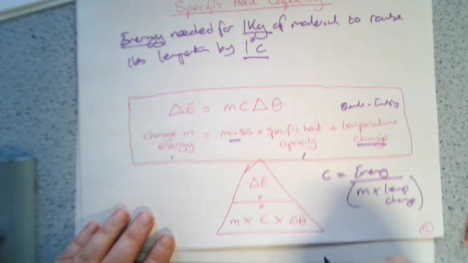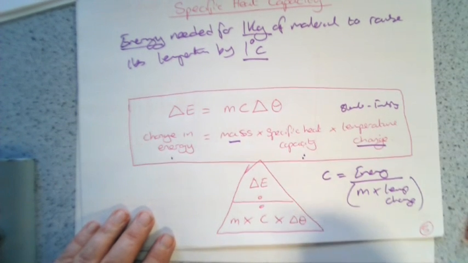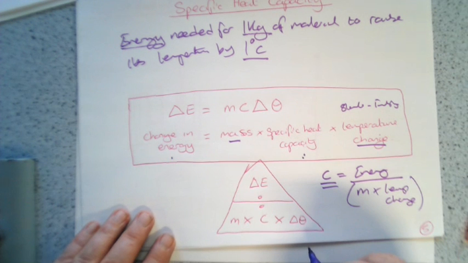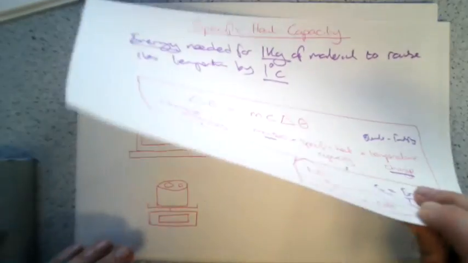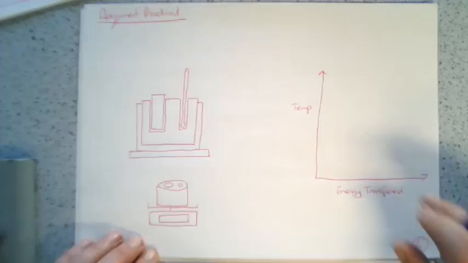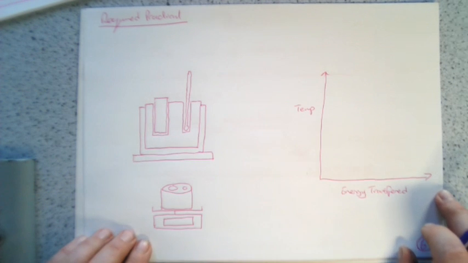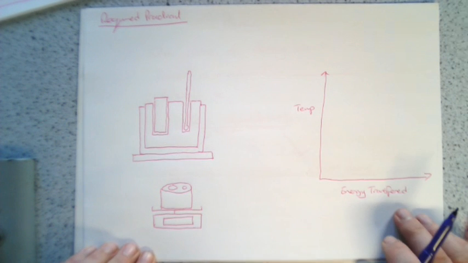So we do that part first, divide the energy by it, and that would give our specific heat capacity. Now remember, different materials have different specific heat capacities. So let's go back and remind ourselves about that required practical that we need to think about, okay?